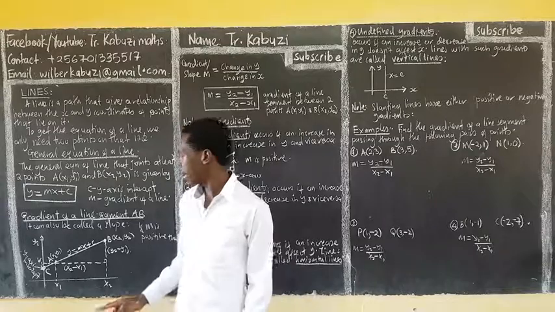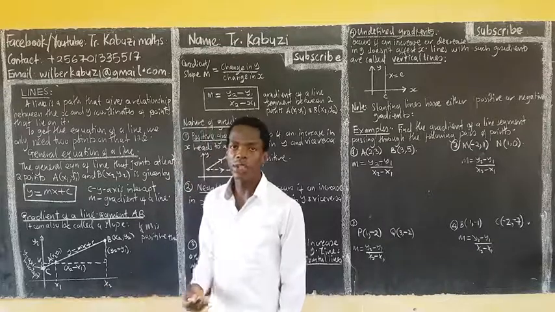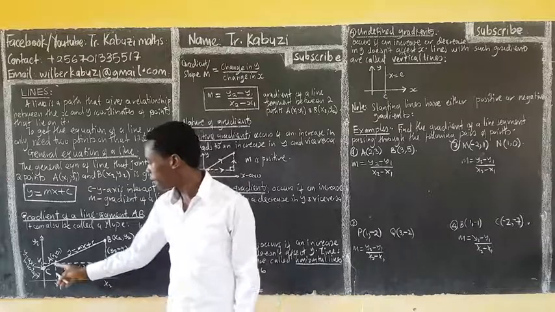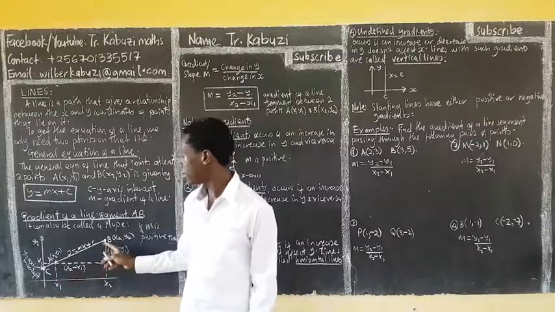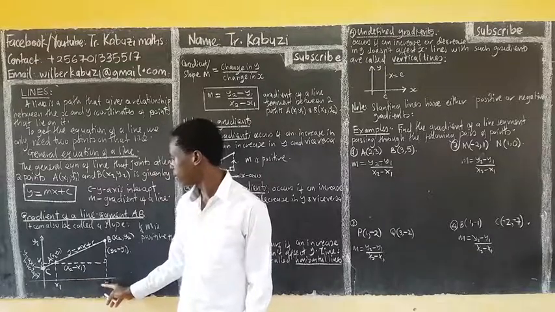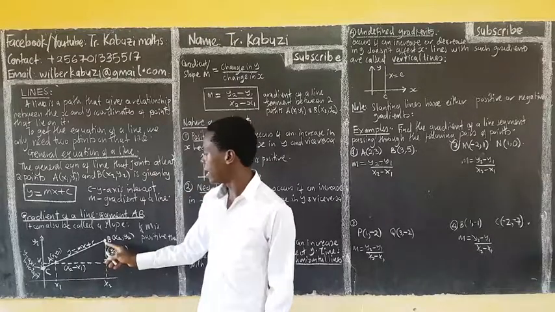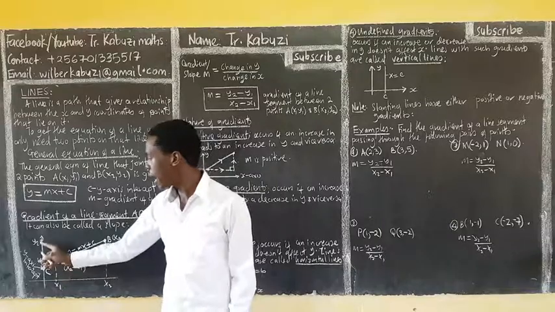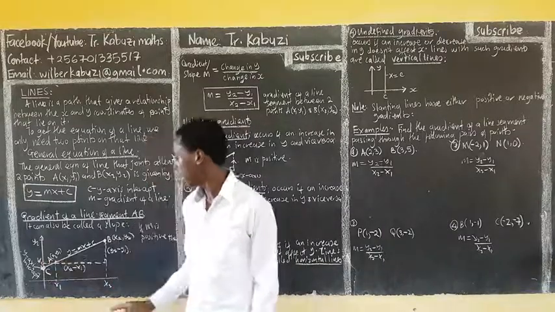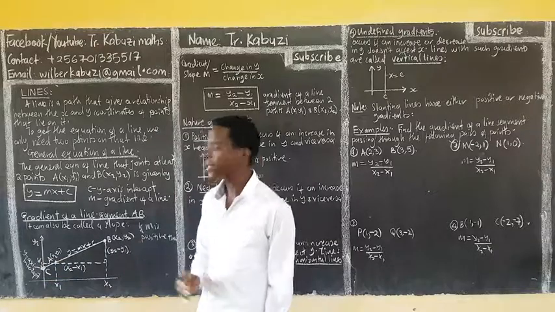Then to get a gradient, of course the gradient is given by change in y over change in x. So how do you get the change in x? If this line is from this to this, it means that the change in x here is going to be x2 minus x1. Then the change in y, from y1 up to y2, is going to be y2 minus y1.